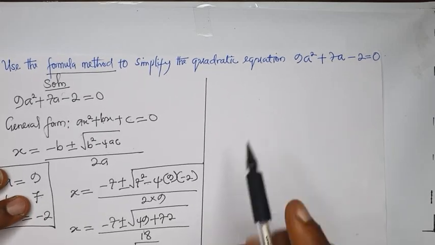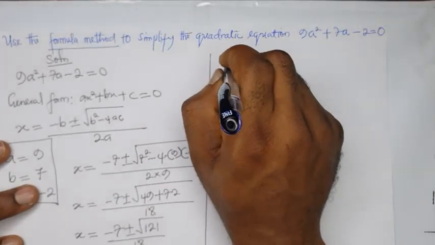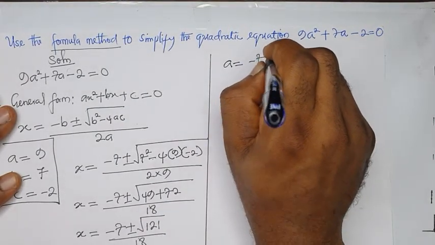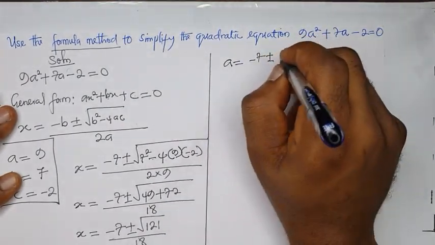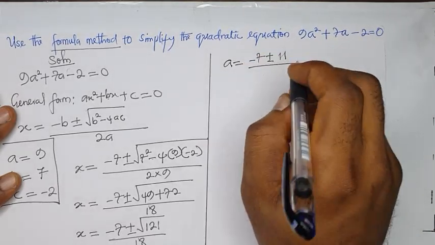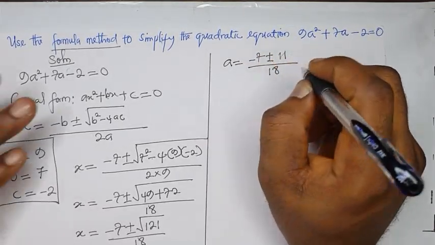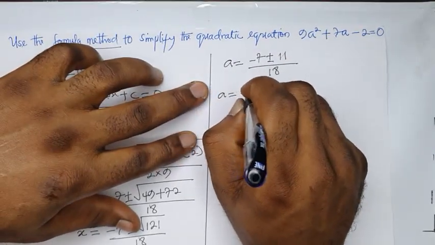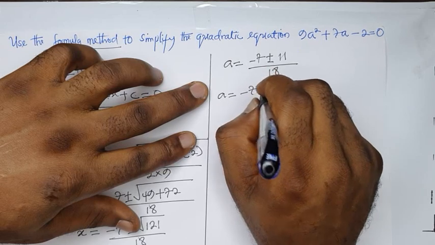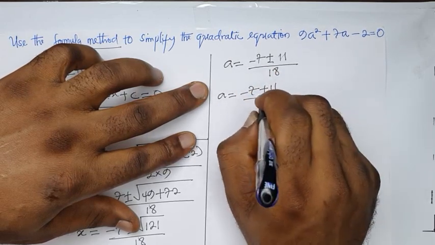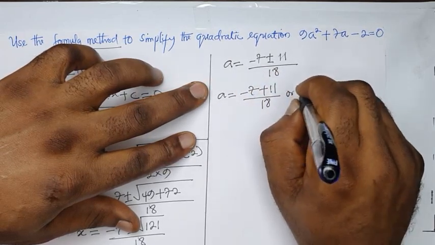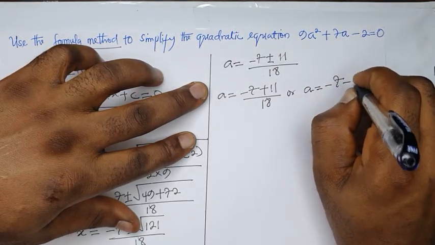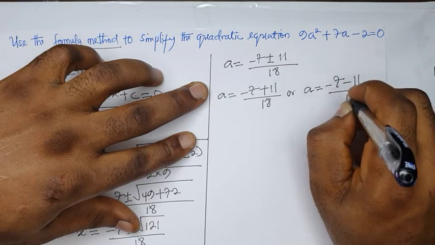So on this side, I'm going to write it as a now will be equal to negative 7 plus or minus 11 all divided by 18. So let's split it. Our answer can either be a is equal to negative 7 plus 11 all divided by 18, or a will be equal to negative 7 minus 11 all divided by 18.